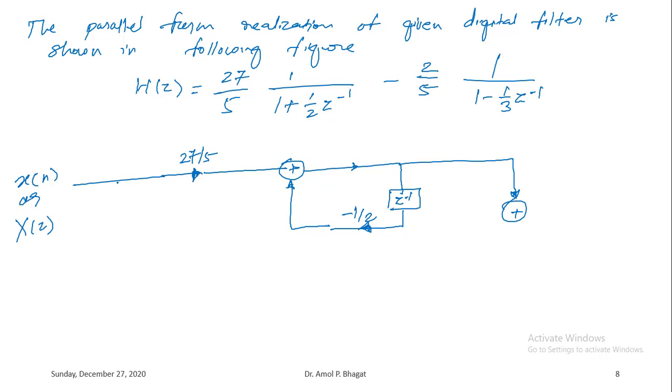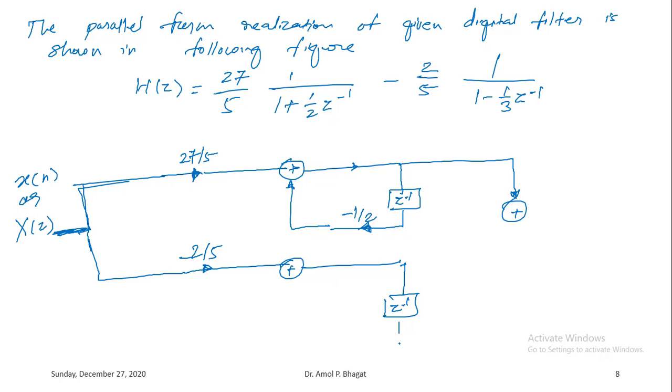Okay, similarly you can have this term, right? So here you are basically applying x of n or x of z. Okay, so from here you can draw the other structure, that is nothing but this minus 2 by 5 constant multiplier is there. Then again an adder you will need. Then the delay element z inverse, which is multiplied by this 1 by 3 coefficient, and this will be added here, right?